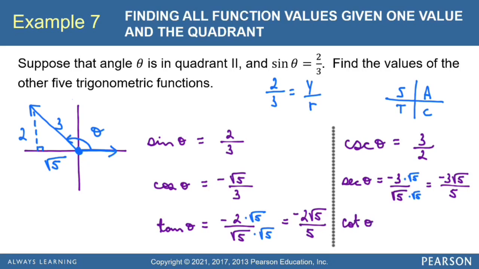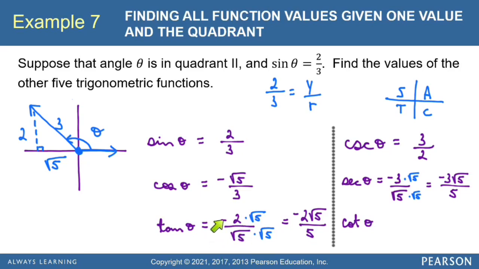And then for the cotangent, now look, we have two different versions of this number. We have the rationalized version and we have the unrationalized version. This version in purple that we found just using the definition before we rationalized. Now think about this. If I'm going to flip one of these over, which one do you think is going to be less work to flip over? If I take this final form of my answer and flip it over, the radical will land in the bottom and then I'll have to rationalize again.